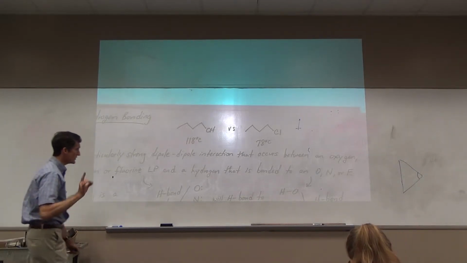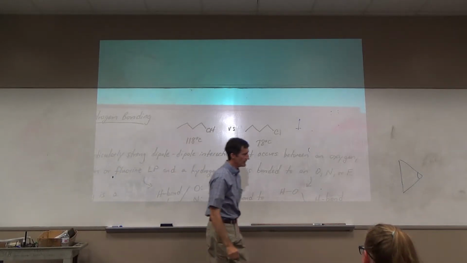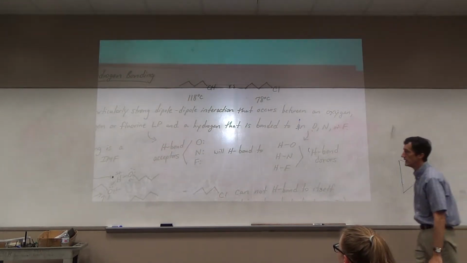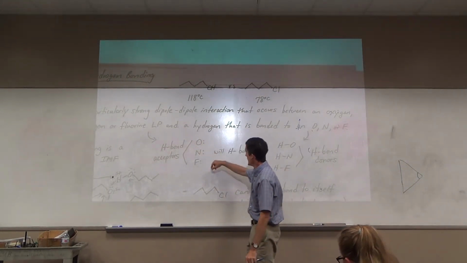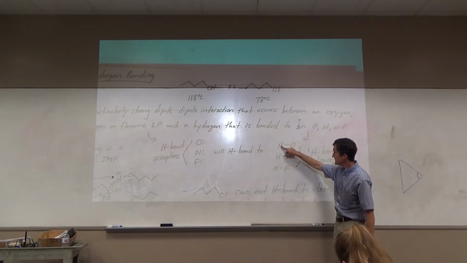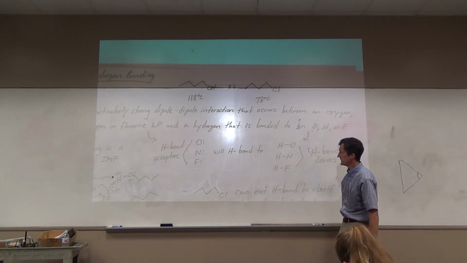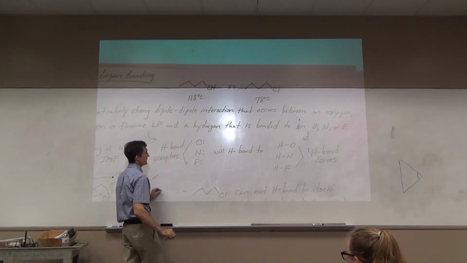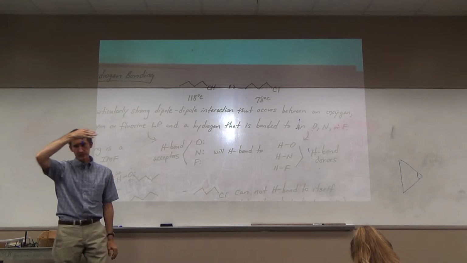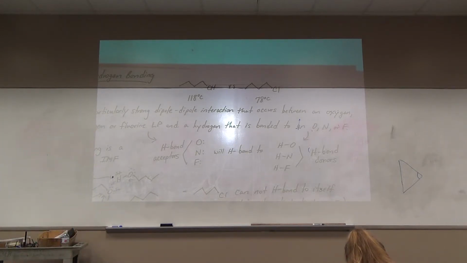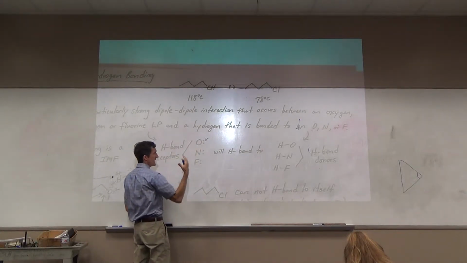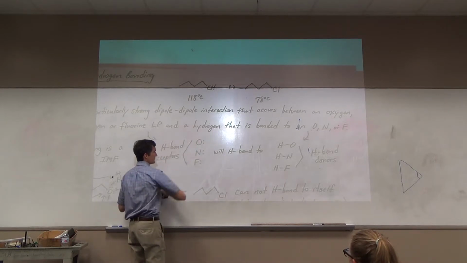Hydrogen bonding is where you have an O, N, or F lone pair, and this will associate with the H that's bonded to an O, N, or F. What's the dipole here? First off, a lone pair of electrons. The electrons are negative. We don't often show partial negative here because that usually comes from a dipole, but we just know the electrons are negative.